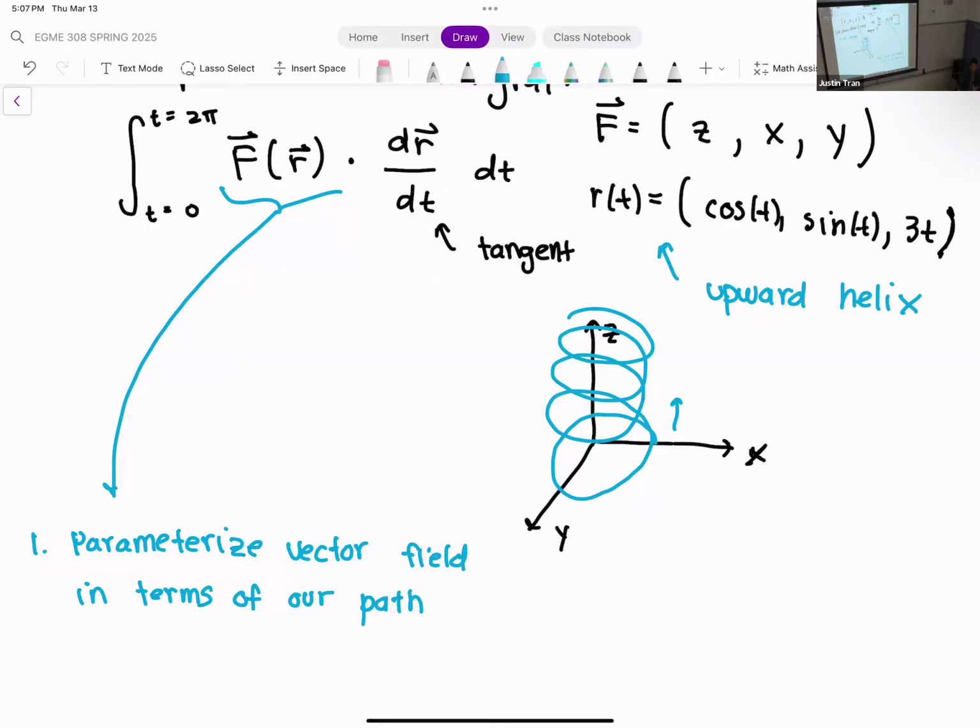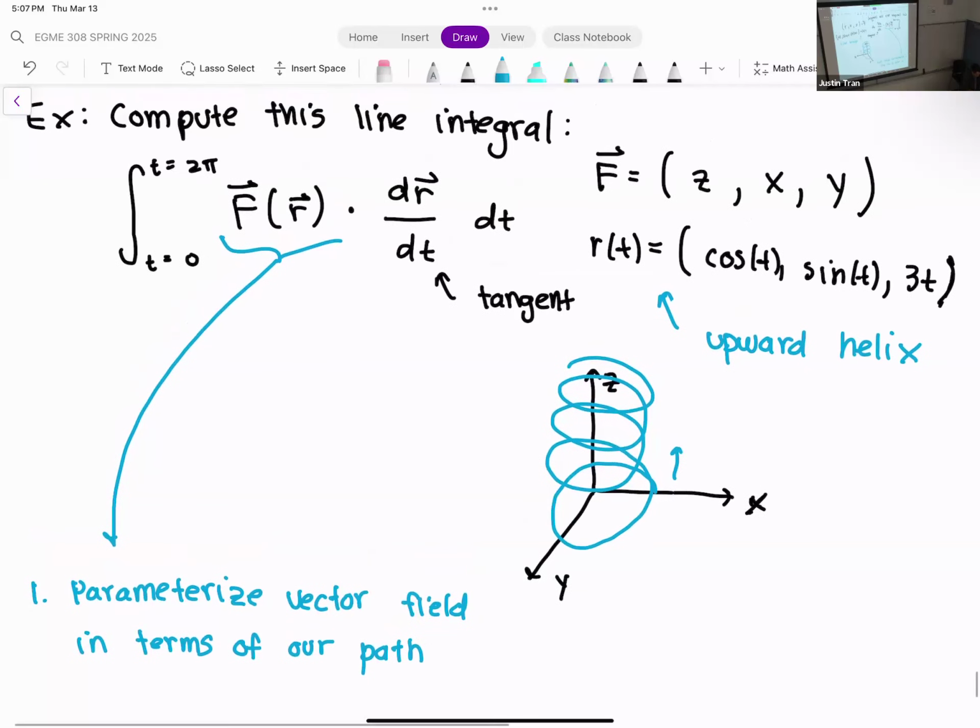To do that, we're just going to plug in the specific components into each part of the vector field. Okay. So let's look at our path again.